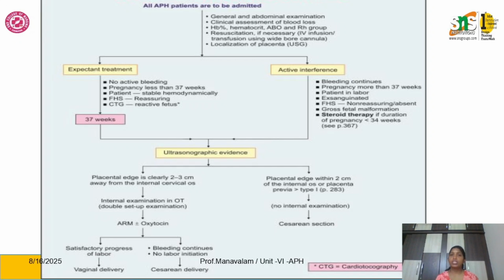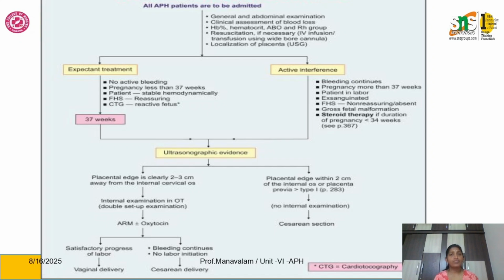Next we have to do the clinical assessment of blood loss by monitoring the vital signs, and we have to look for the symptoms of hypovolemic shock. Next we have to do basic investigations like hemoglobin and hematocrit, and if the mother's blood grouping and typing is not yet done, we have to do that.